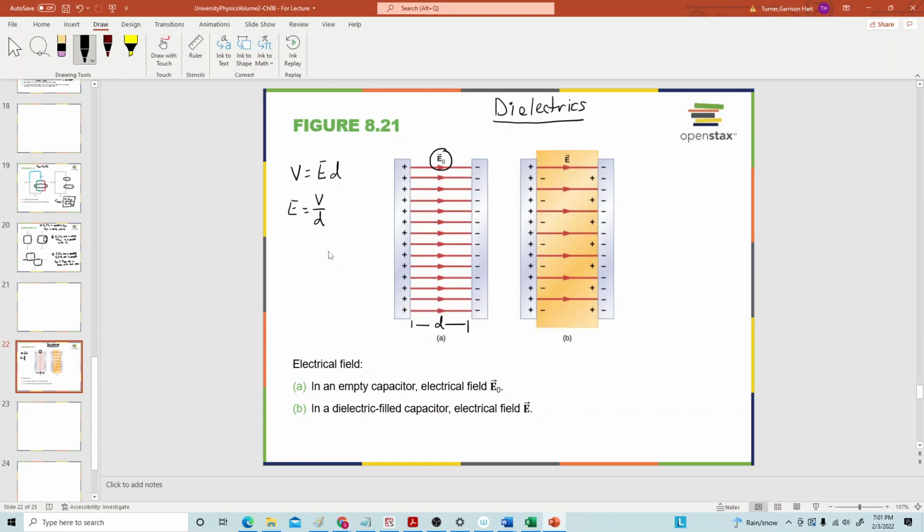Well, it turns out that macroscopically, even if you put an insulating material, insulators can still have charges react to external fields. So if I, for example, have a positively charged object, like I've just dumped some positive charge onto a conducting sphere, and I hold that next to a piece of styrofoam, styrofoam is an insulator.